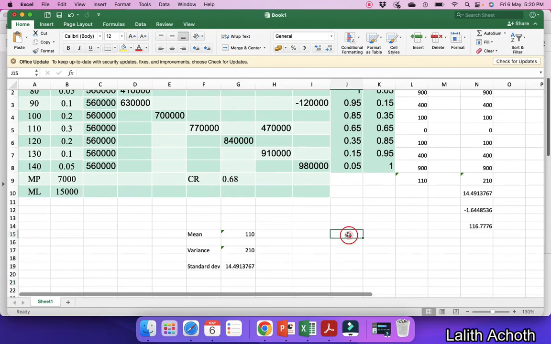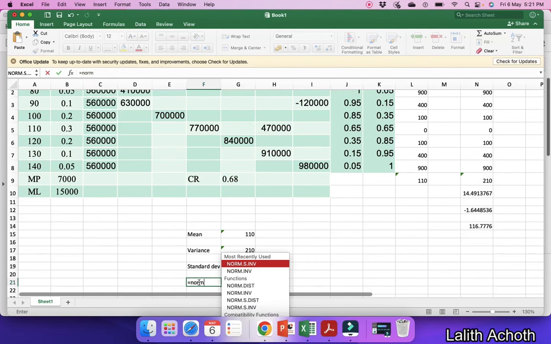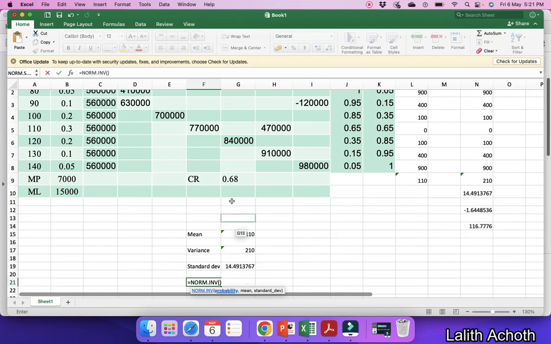I'm now going to find out the value corresponding to 0.68. Okay, so here I will take what is called NORM.INV. It's asking me what is the probability. The probability is 0.68. It's asking me what is the mean. I say the mean is 110.